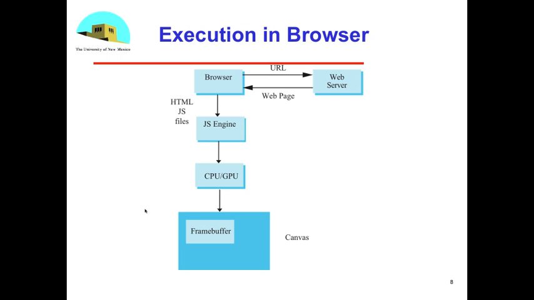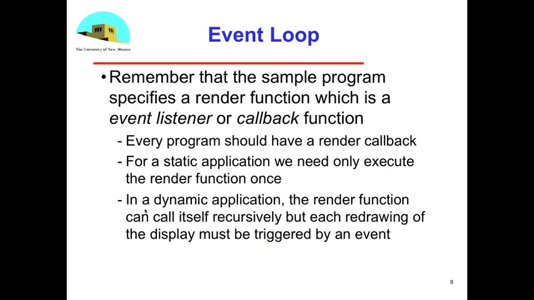So we'll put something in the frame buffer and then wait for something to happen. The things that could happen might be someone presses a key on the keyboard. It might be that something happens inside the program. There might be a timer. There might be some desire to get input from a mouse. And the way this is all done is to generate events and respond to those events.